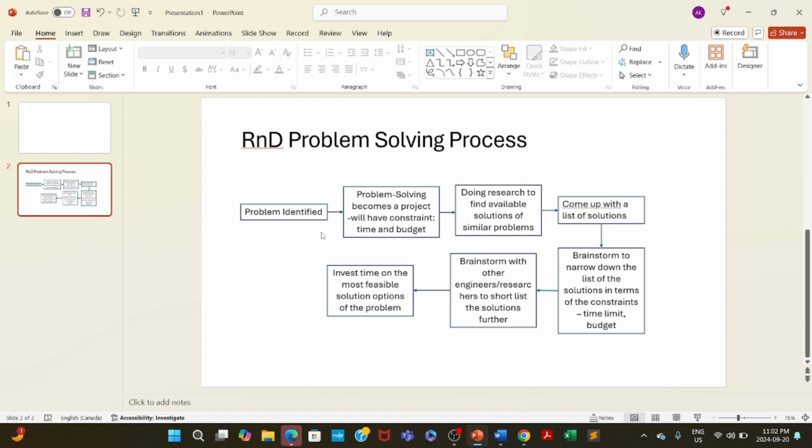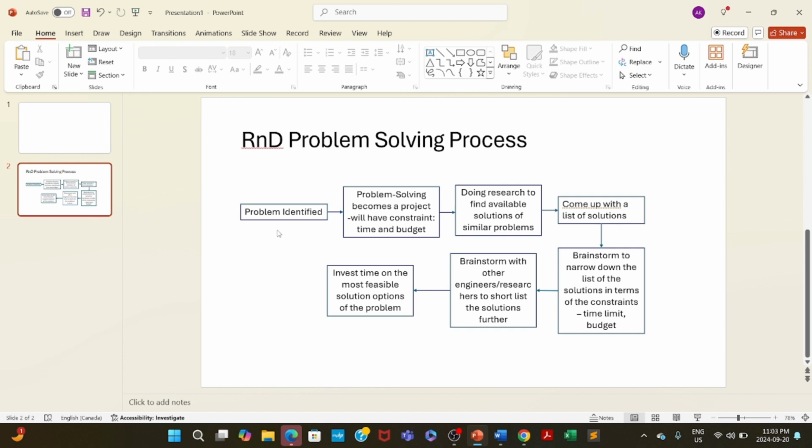So if we see all the steps, 1, 2, 3, 4, 5, 6, 7, which step is the most difficult? That's important. So problem identification, is it difficult?